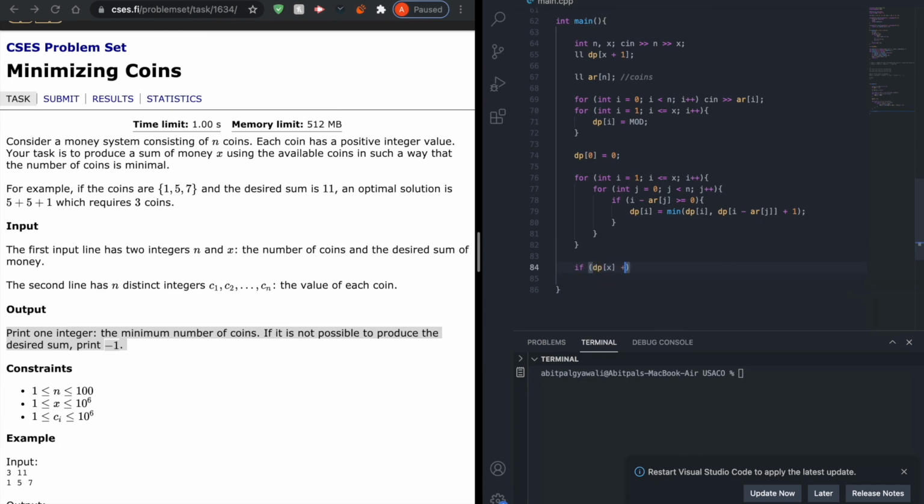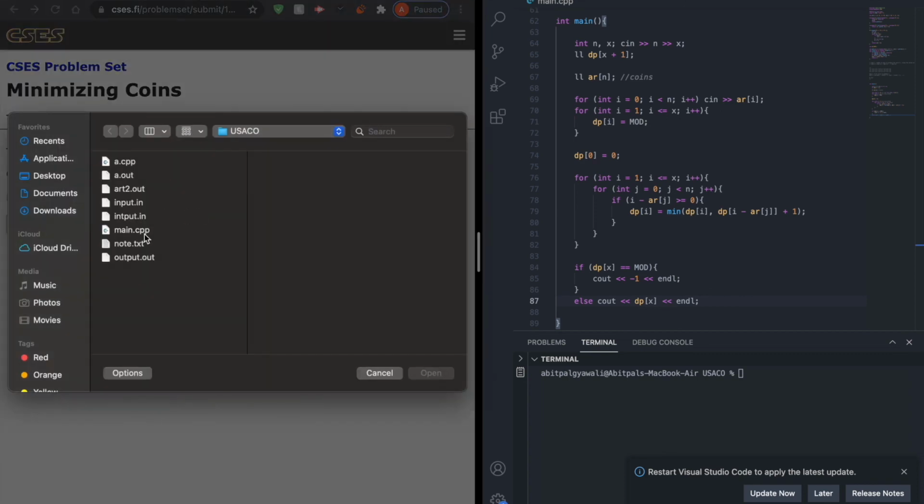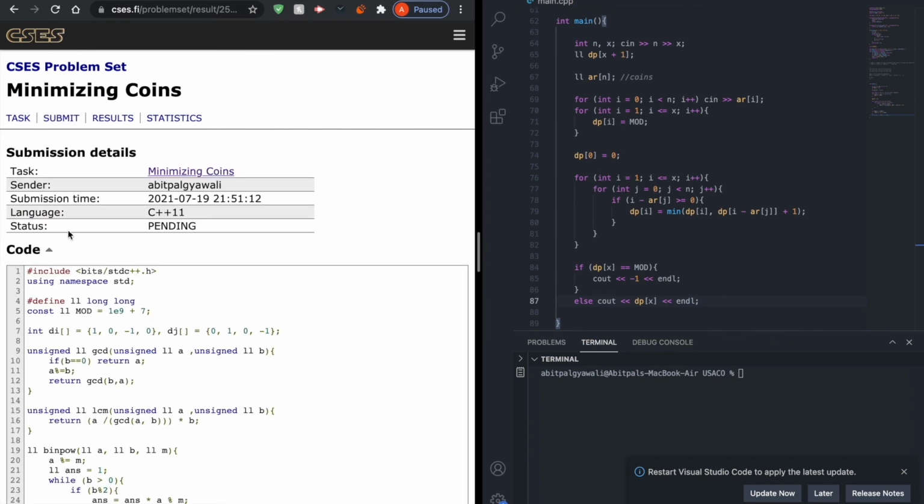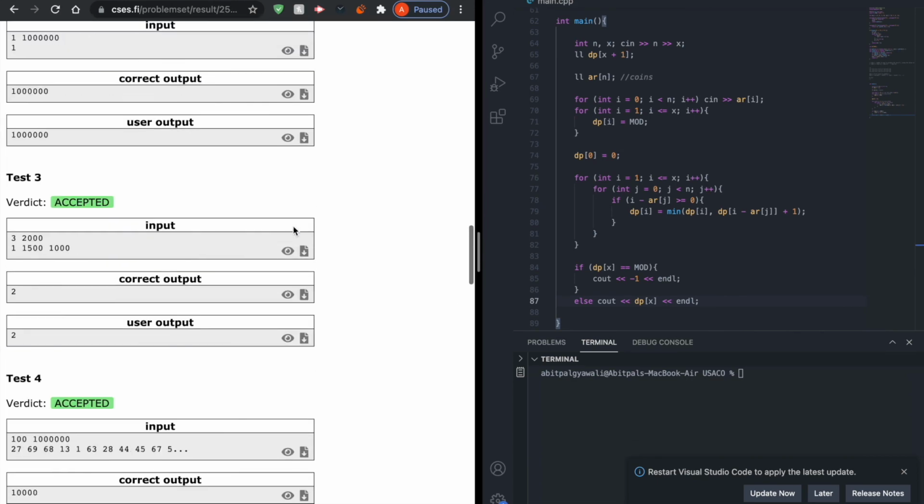If dp of x equals mod, we just print -1, else dp of x. Okay, so I just forgot one of these cases, I think the ones that I got wrong are those. Yep, and it does work.